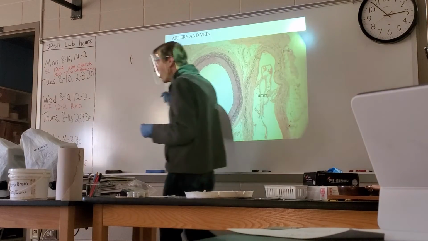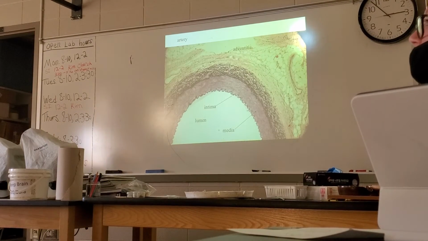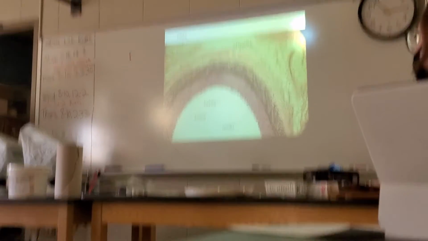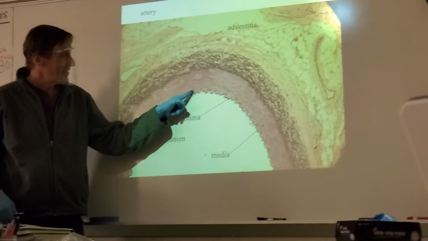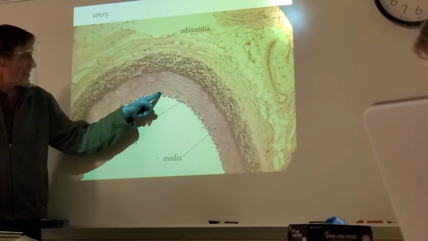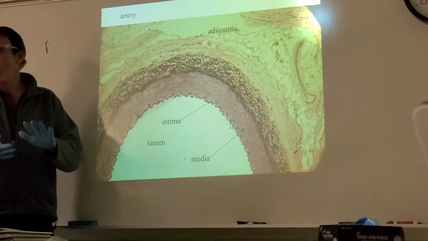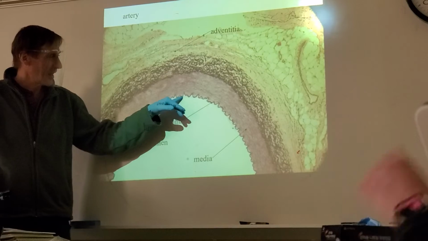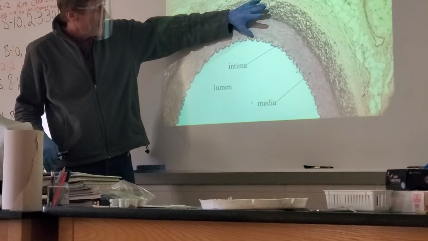I'm going to zoom in on the artery because those tunics, you can see pretty easily on an artery. So here's the lumen where the blood would be. You see this dark line lining the inside surface there? That's all you can see of the tunica intima, more or less the basement membrane. You can't see much of anything else. It looks like a line. Then you've got this big, massive layer.